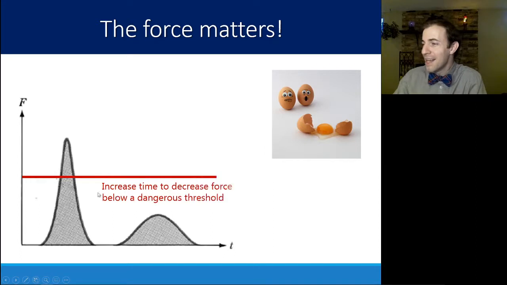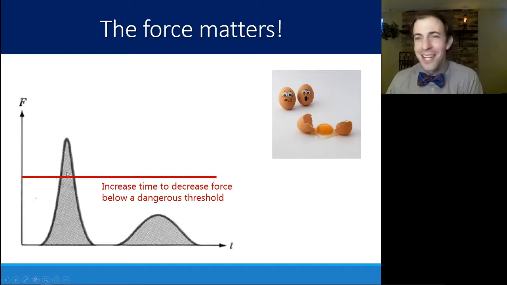But if we had an egg here, and an egg would crack if it experienced a force larger than this line, I want to do whatever I can to spread out that force to be smaller than this, to be lower than this line. In the past, you may have done an egg drop in a previous life. Really, your goal in an egg drop is to extend the time as much as possible so that it experiences less force because it happened over a larger period of time.